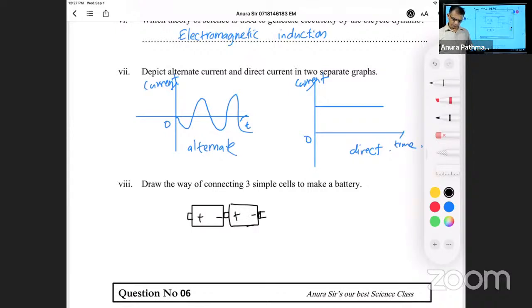Excuse me, sir. These are not simple cells. These are dry cells. Could you please correct this one, dry cells? Make it dry cells, not the simple cells. Because you don't want to make simple cells.